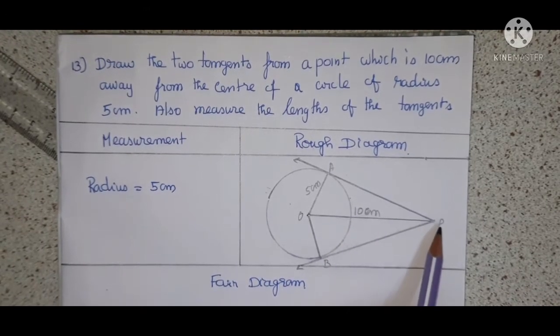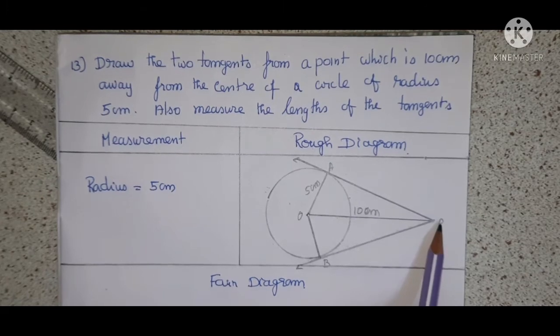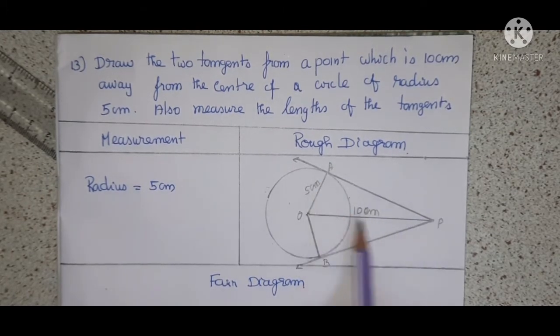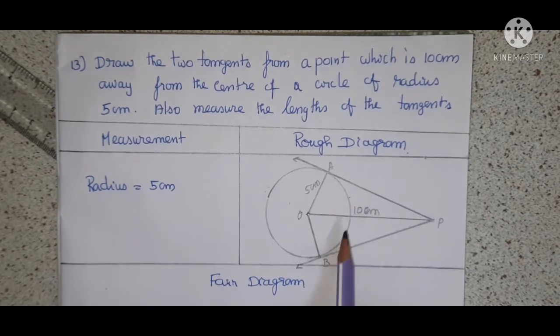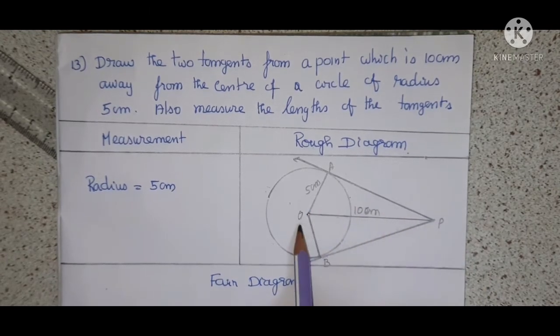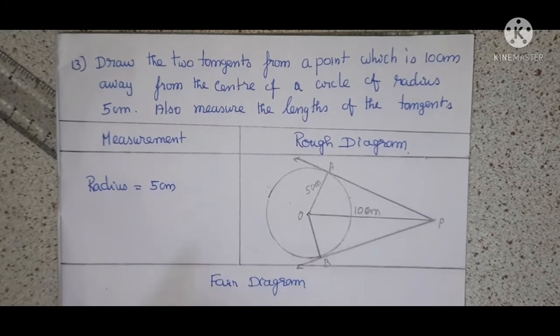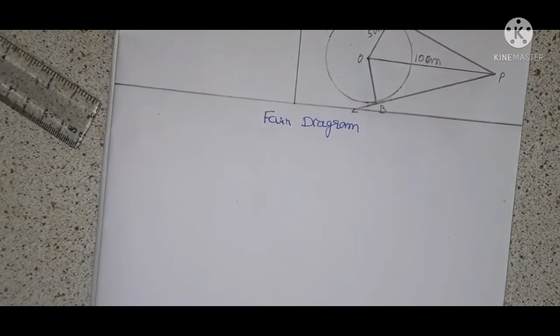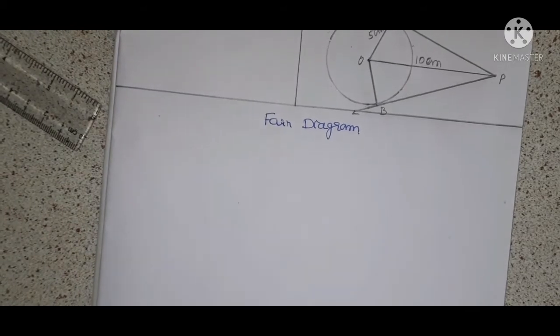From the point on the outer side P, draw two tangents to the circle. PA and PB are the tangents. OA and OB are the radius of the circle. Fair diagram. Draw a circle of radius 5 cm.